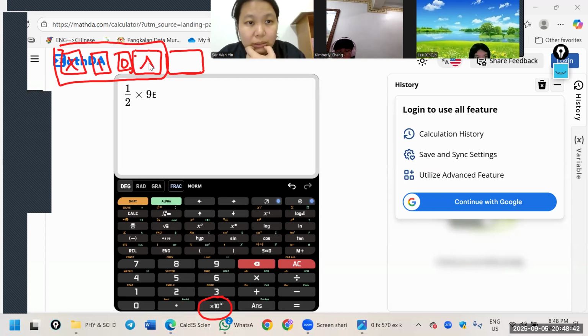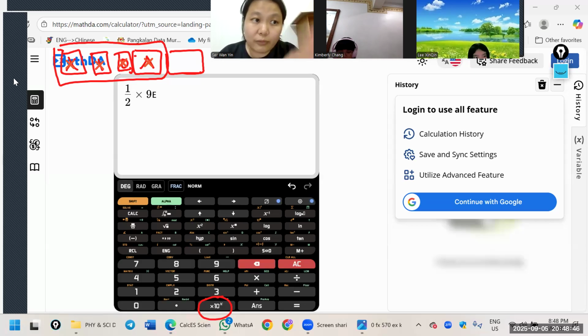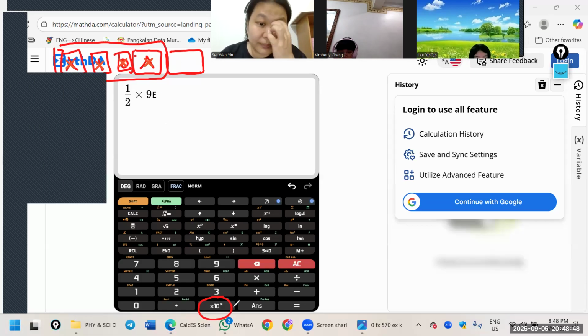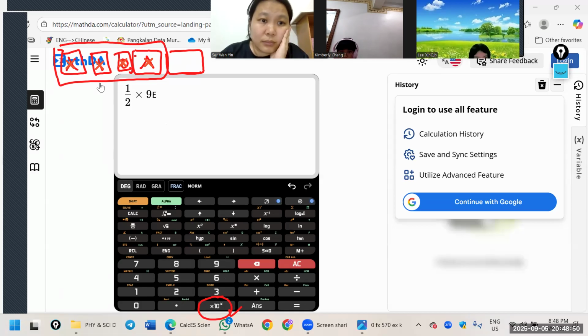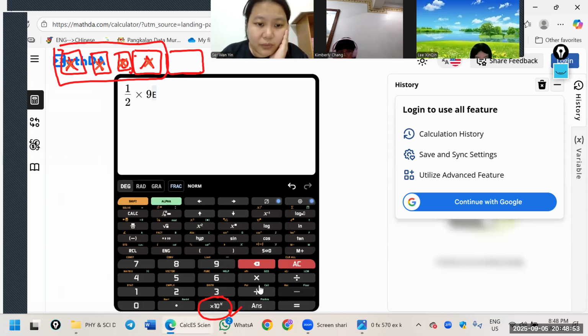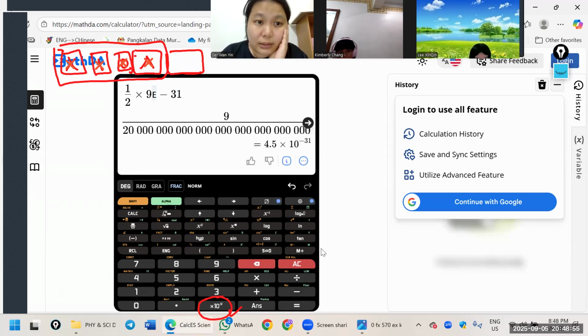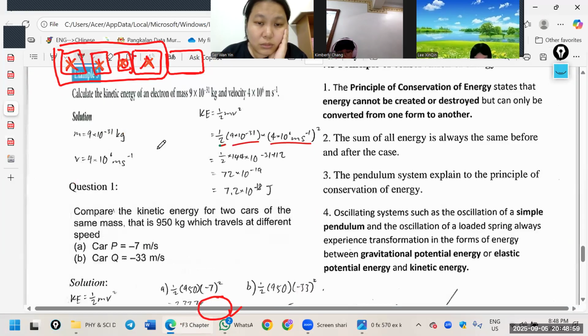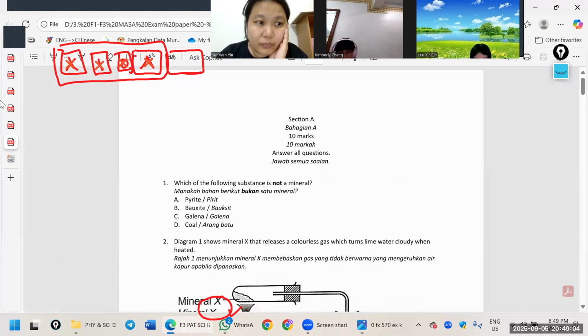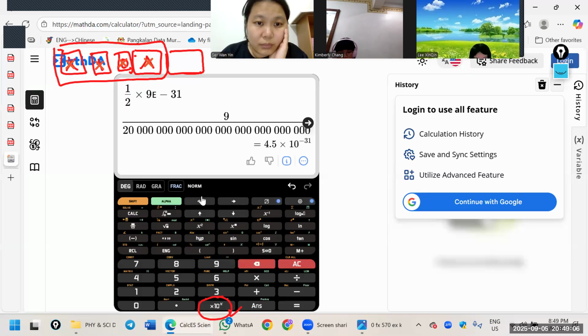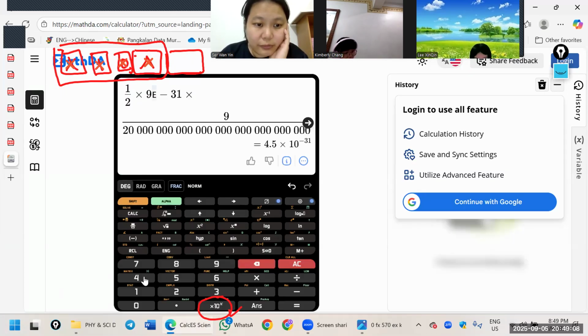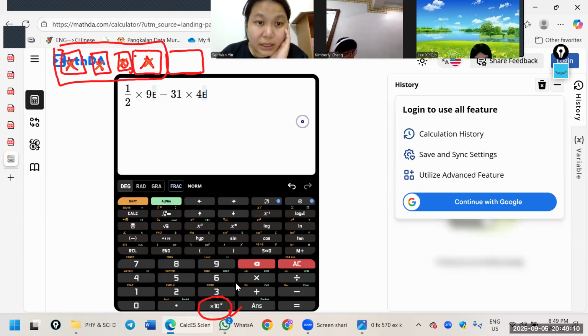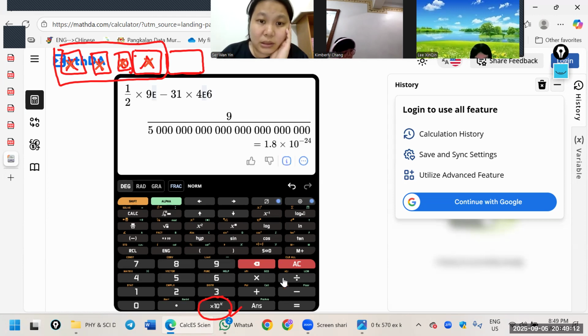The short form, this 4 becomes 1. 9 powers of negative 31. Then times 4 powers of 6, times 10 powers of 6.